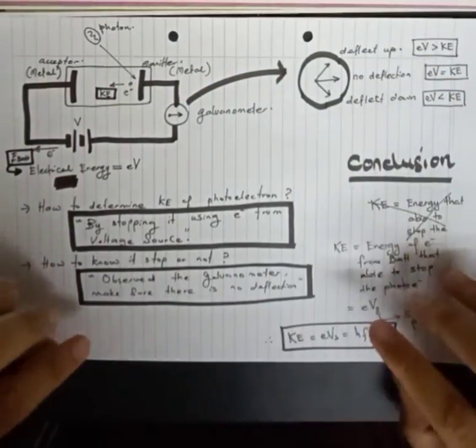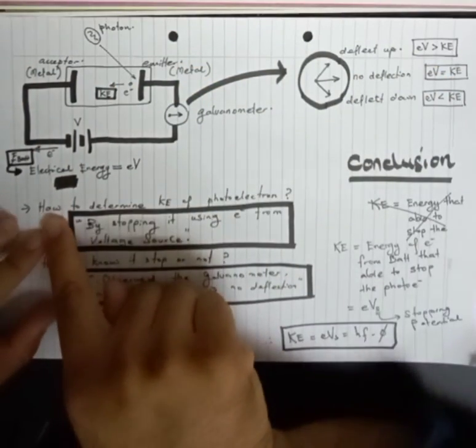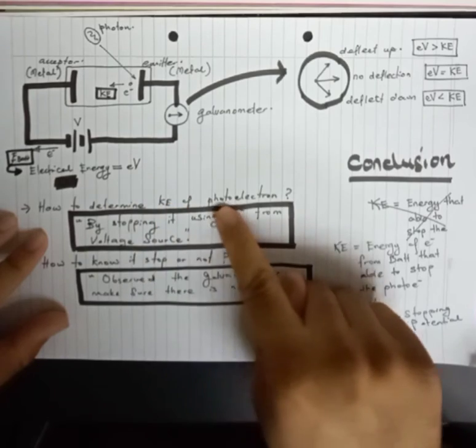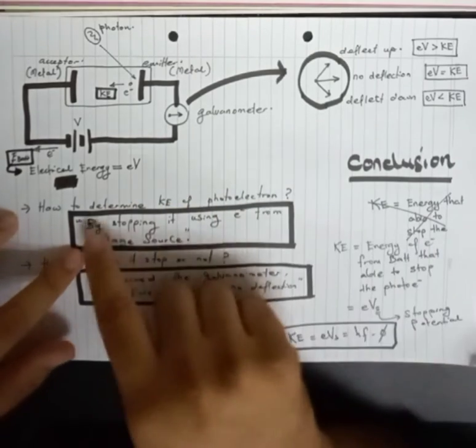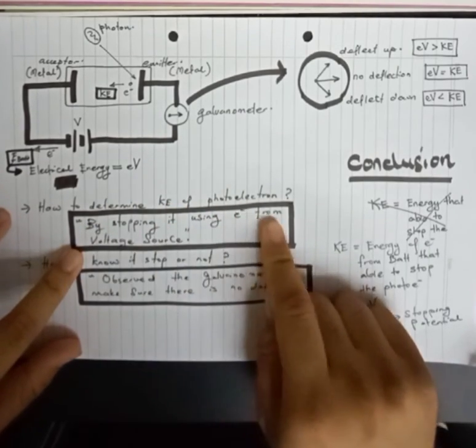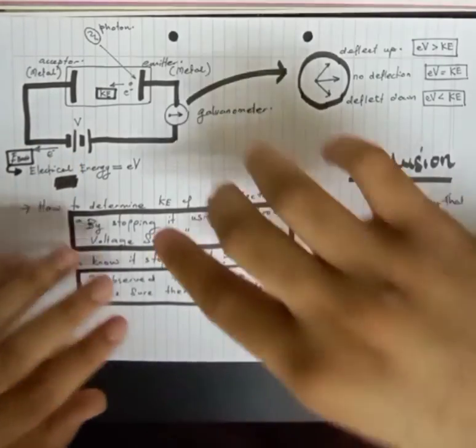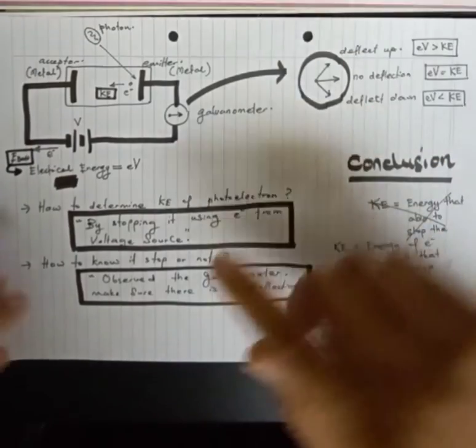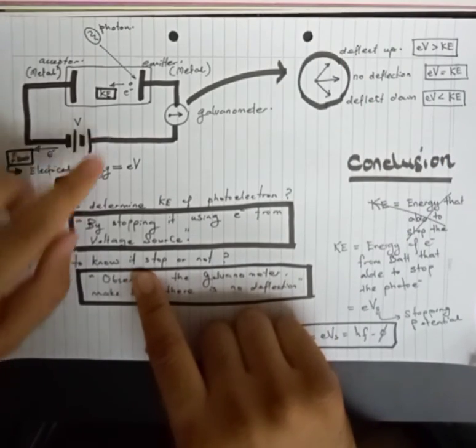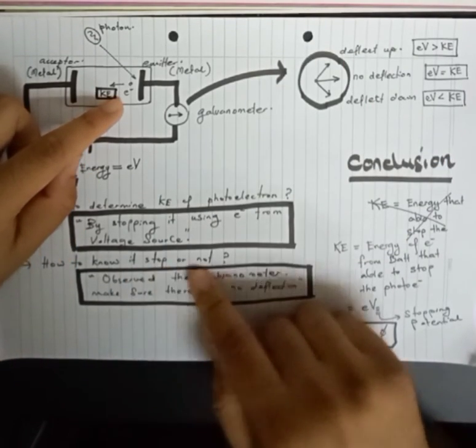So actually we already answered this question. The way to determine the kinetic energy of the photoelectron is by stopping it using electrons from a voltage source, which is the battery. So the question arises: how do we know whether the photoelectron has stopped or not?